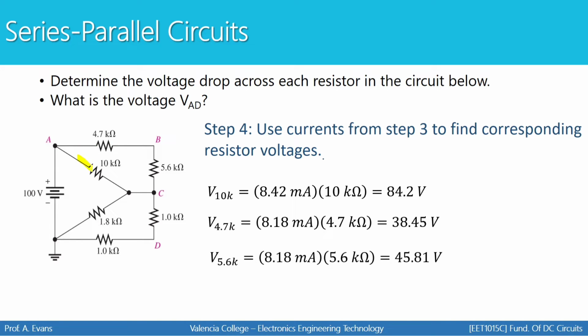Since this branch is in parallel with this branch, this voltage should be equal to the sum of these two voltages. And we can see that it is. If you add 38.45 and 45.81, you'll get something very, very close to 84.2.